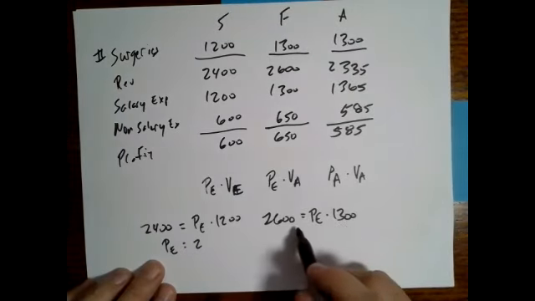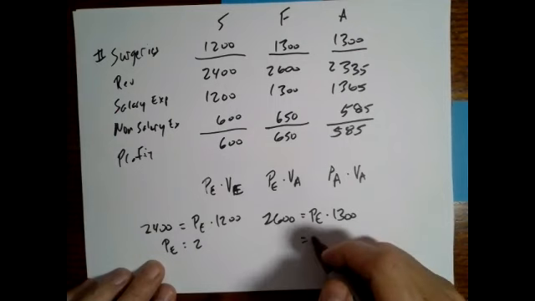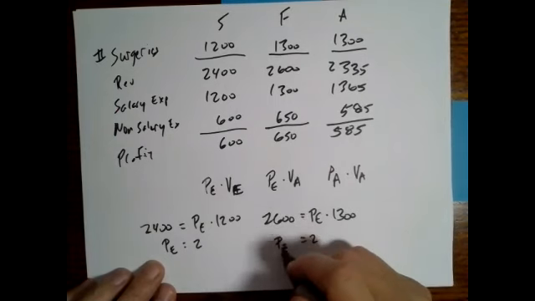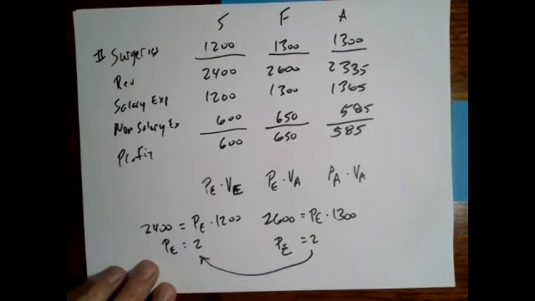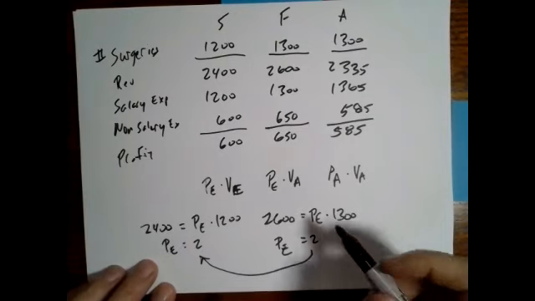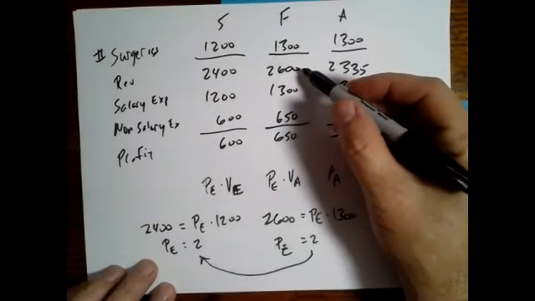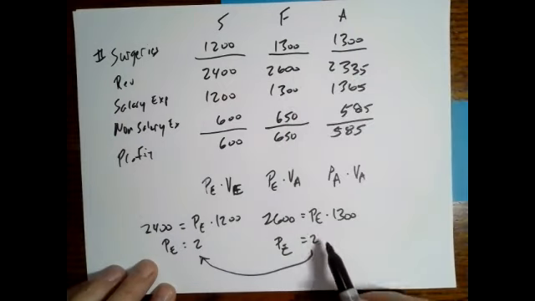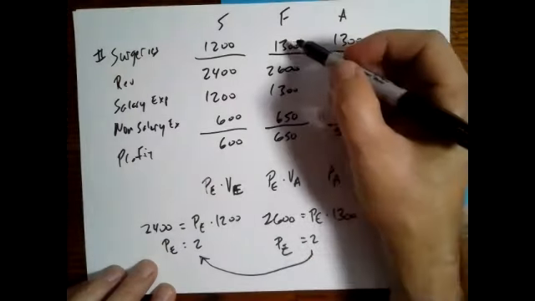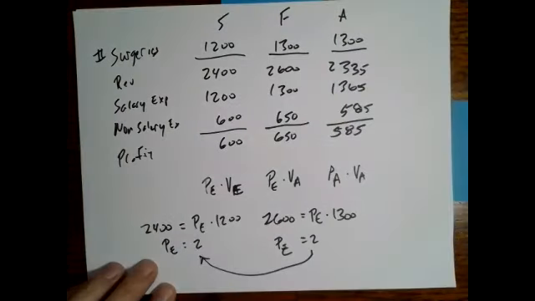Well, 2,600 divided by 1,300 is 2, so PE is 2, which we already knew from over here. So that's how we get revenue. It's going to be the price expected, which is 2, times the number of surgeries, which was 1,300.